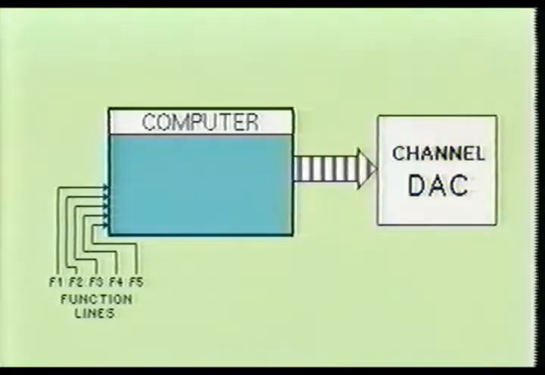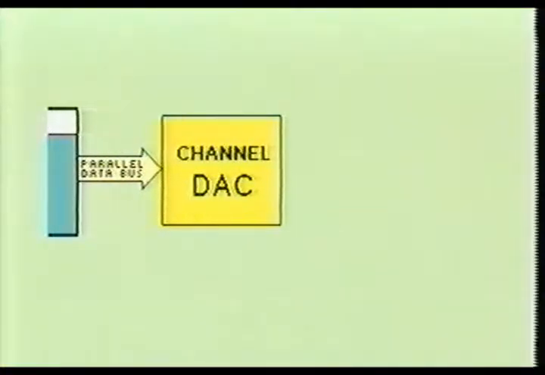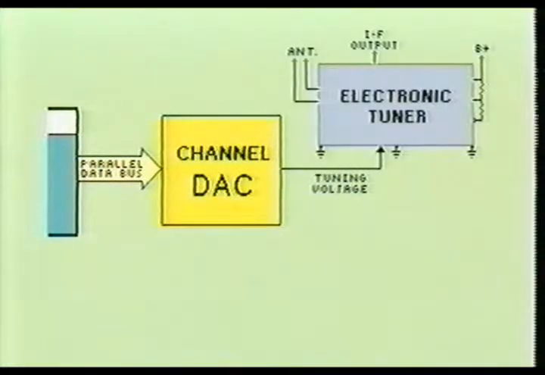When a TV channel is selected, the internal computer outputs the correct parallel data to the digital to analog converter. The digital to analog converter uses the parallel data to generate the voltage level required by the electronic tuner to receive the selected TV channel.